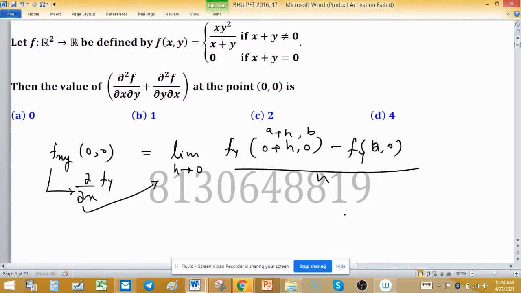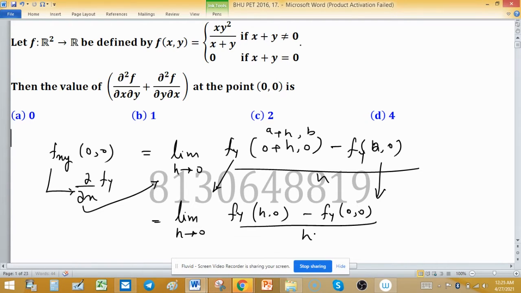To find this expression or limit, first we need to calculate these two expressions. We have two expressions to find this partial derivative with respect to x of fy. So first calculate this one. This is limit h tends to 0, fy h comma 0 minus fy 0 comma 0 divided by h.